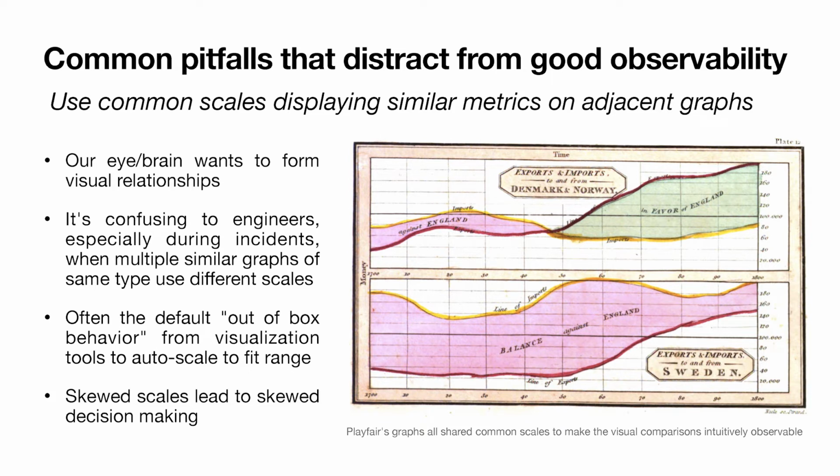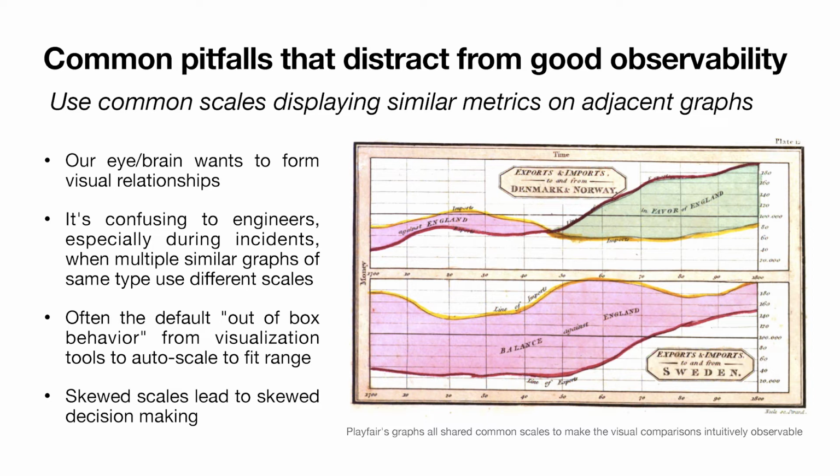We're back at that Playfair graph. Make sure whenever you put two graphs together that are doing similar metrics that we're using similar scales. I often see two graphs, latency from one Kubernetes cluster, latency from another Kubernetes cluster, and they've got different scales. Your eye wants to form this visual relationship between them, and it's going to allow people to draw bad conclusions.